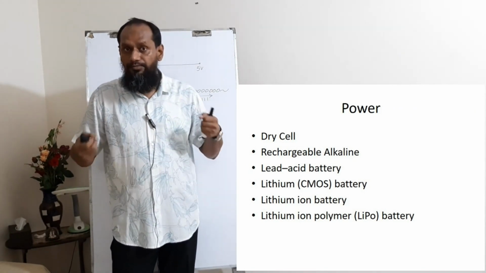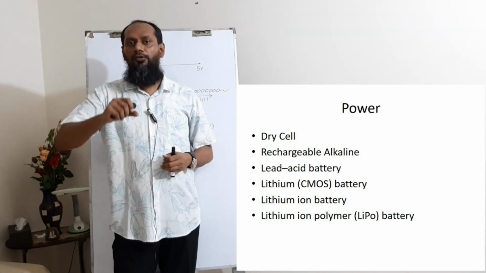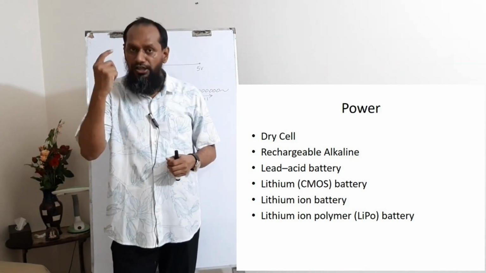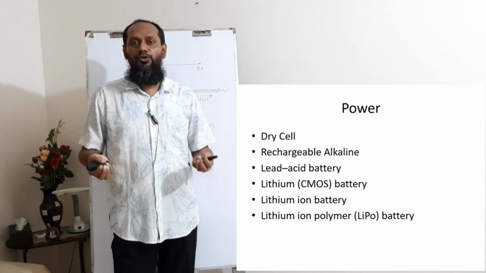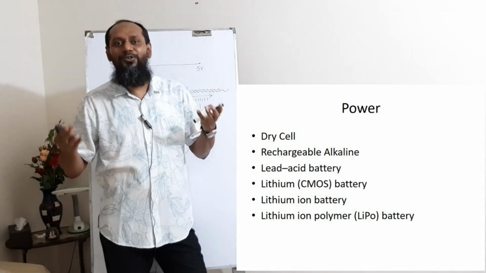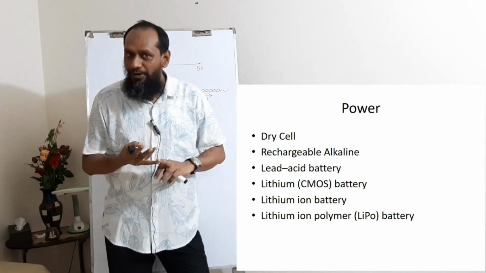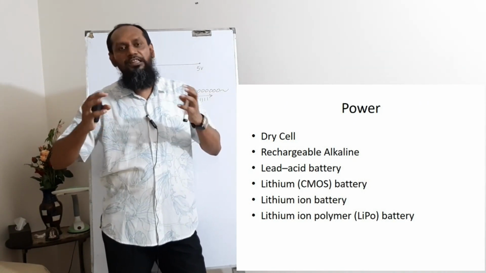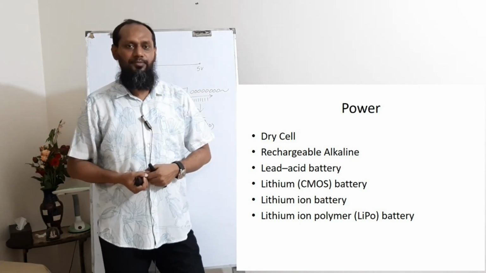It is very heavy, but it can give a huge amount of energy, which we need for starting our car. The interesting thing is that it's cheap. We need a powerful battery, and we can compromise on the space and the weight.